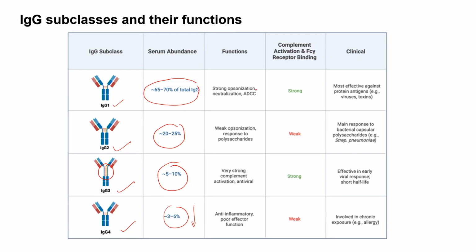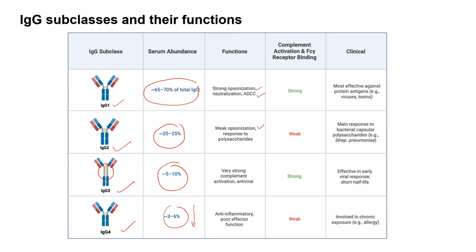This is an indicator of chronic infection. IgG1 has very strong opsonization or neutralization activity. It can also do ADCC, which is antibody-dependent cellular cytotoxicity. So basically the antibody can bind to the cell and start doing some sort of cytotoxicity just to remove or nullify the effect of external harmful substances.